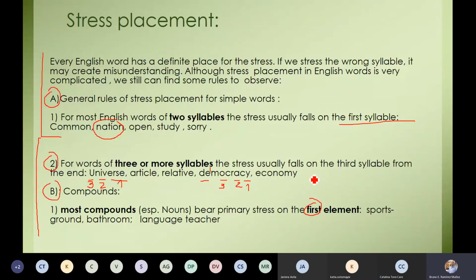Presentation, which would have 4 syllables. So yes, 3 or more syllables. And presentation, if we stress the second syllable from right to left, it has 4 syllables.